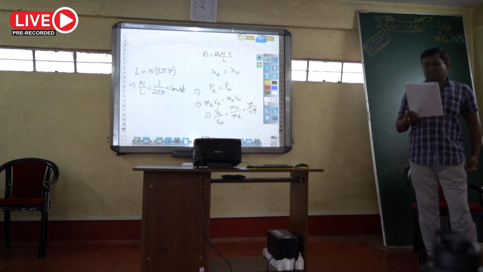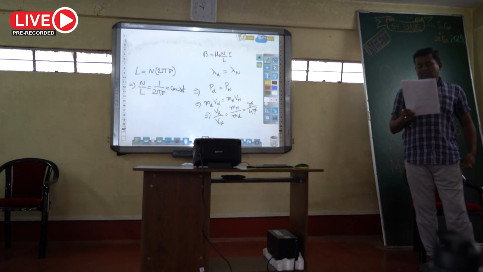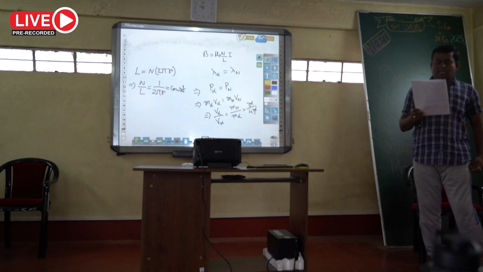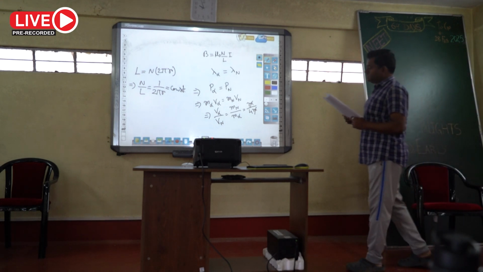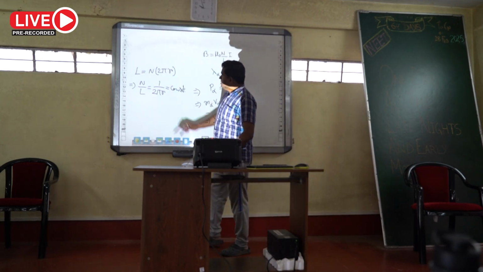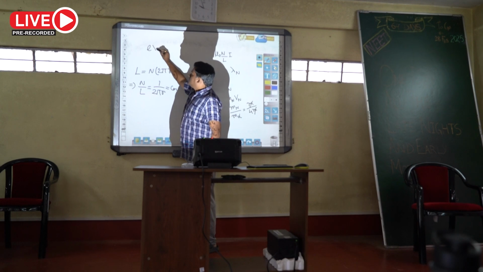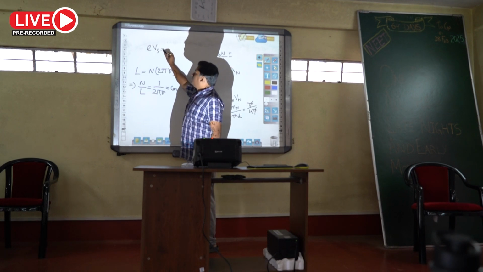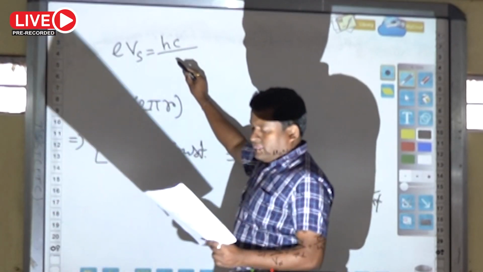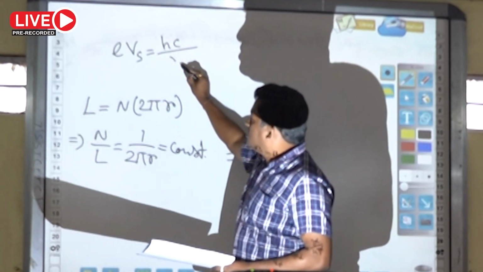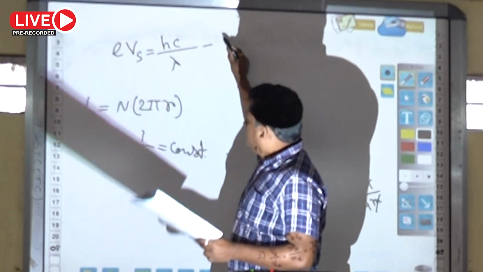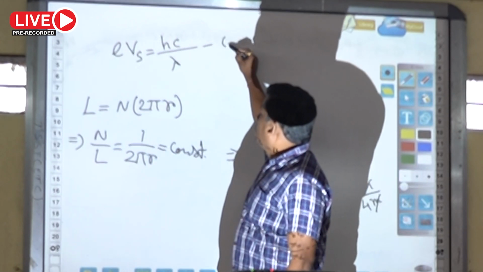The retarding potential for photoelectrons emitted when potassium having work function 0.3 electron volt is illuminated by light of wavelength 3300 angstrom. See, this one is easy. The stopping potential, which you have to find out, is hc by lambda, lambda is given, minus the work function, that is also given, 0.3 electron volt.